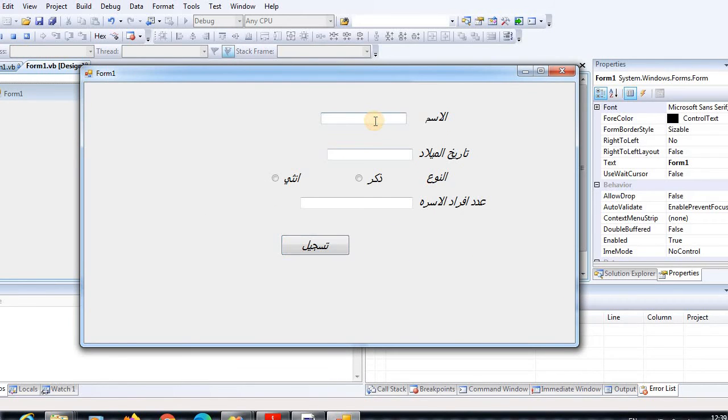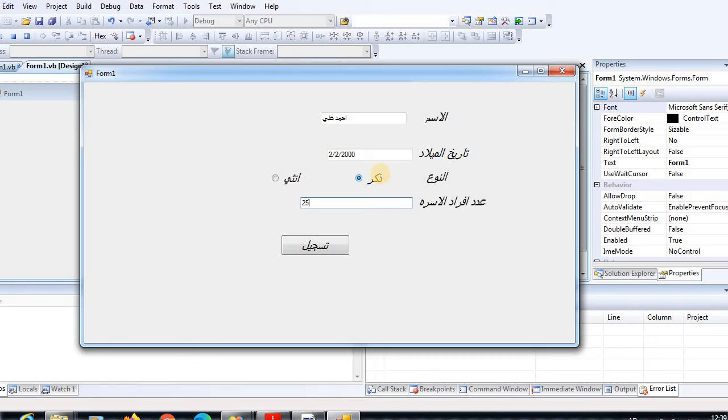I will enter the name here. Then let's see it. Here we have a limited number for the number of family. I determined that before while I was writing the code.